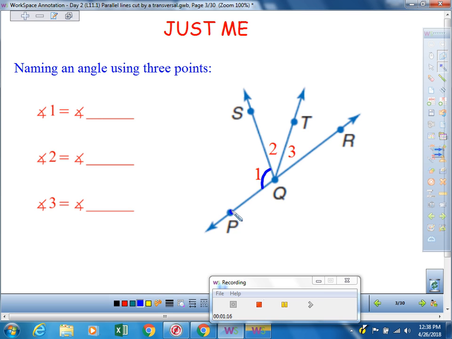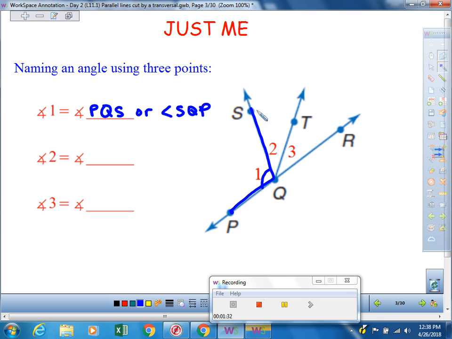So it's P, Q, S. So angle 1 is angle PQS. Or I can say angle SQP. I can do it the other way, as long as the Q, the vertex point, is in the middle.